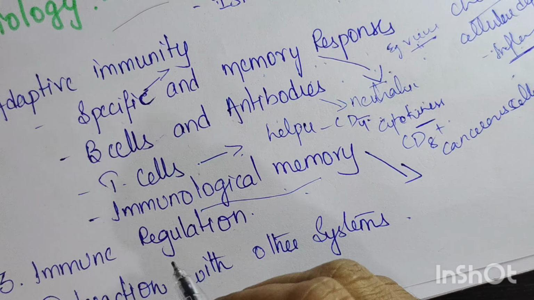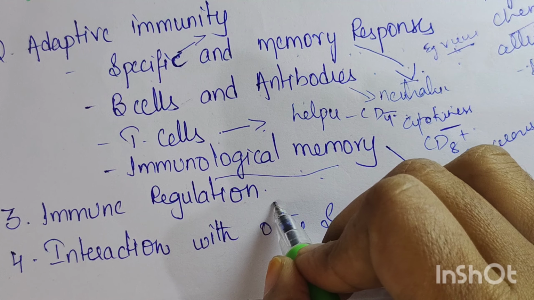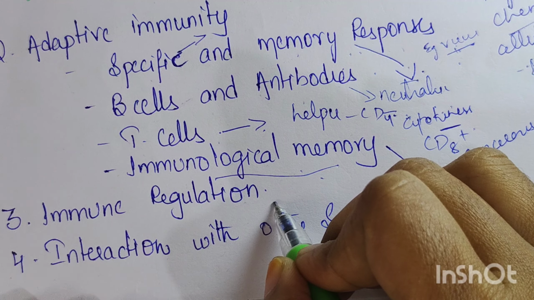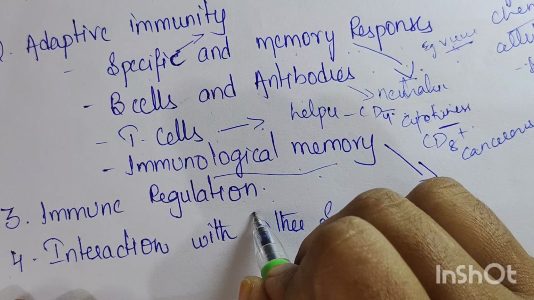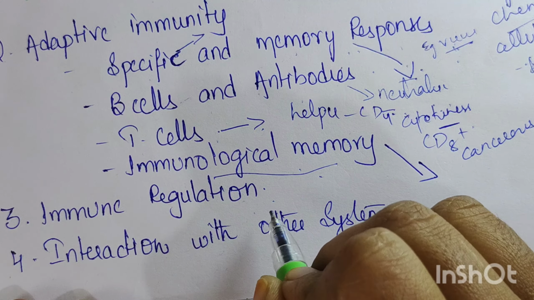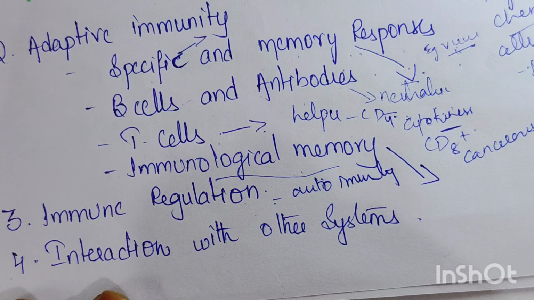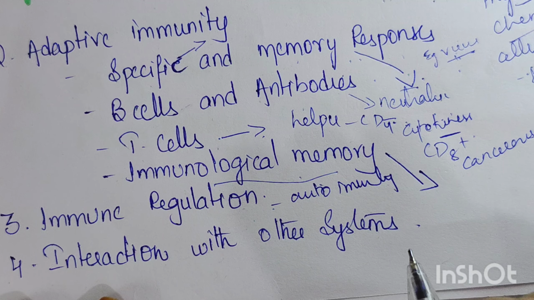Now we will see the immune regulation. In this, the immune system must be carefully regulated to avoid excessive responses that can damage the body's own tissues, which is called autoimmunity, okay, or inadequate responses that allow infections to persist.